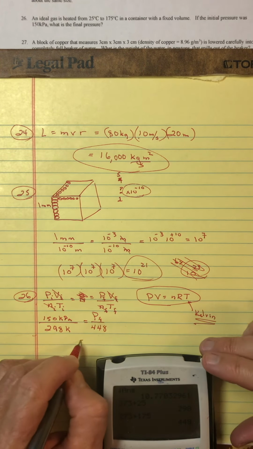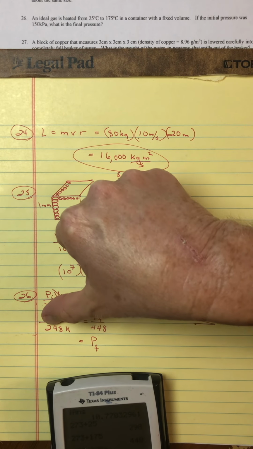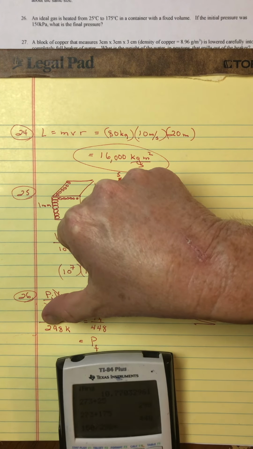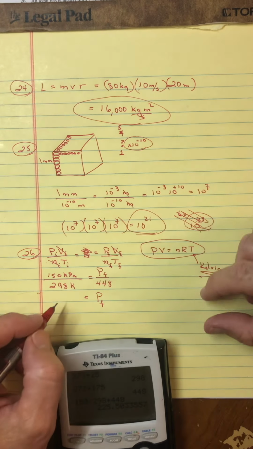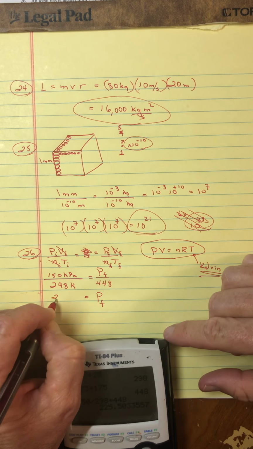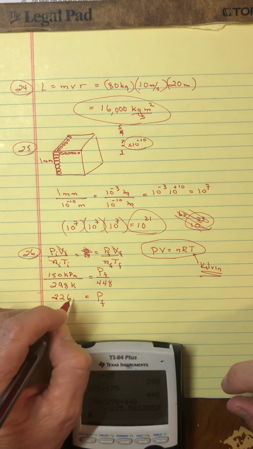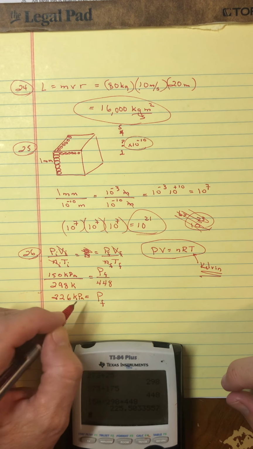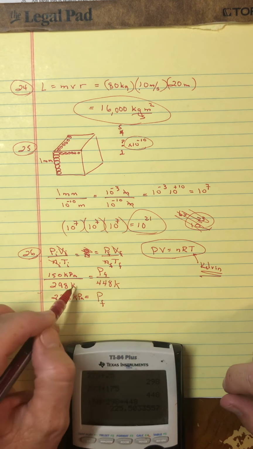The 150 kilopascals divided by the 298, then multiplied by the 448, coming up with a final pressure of 200, and I think I'll round it to 26 kilopascals. And I guess I should have put Kelvin there, and that would cancel off. Okay.